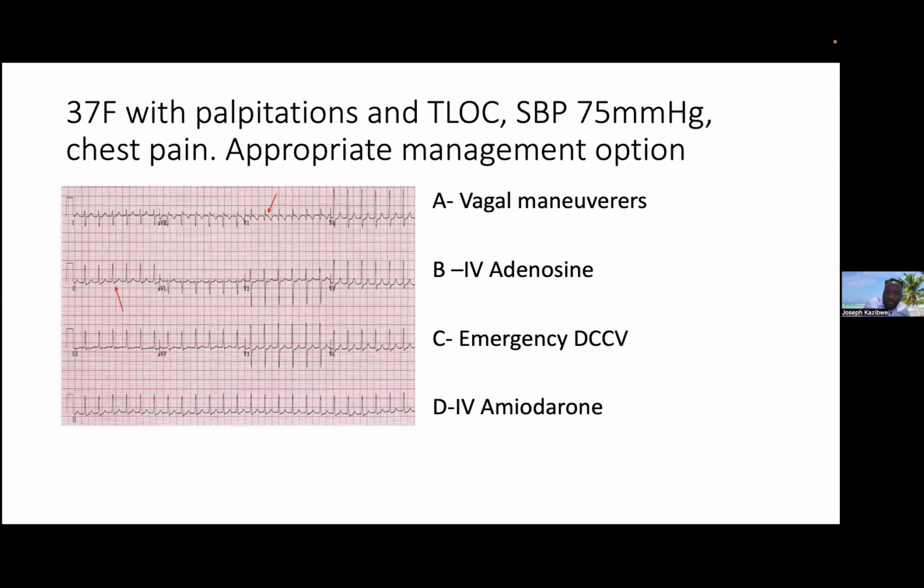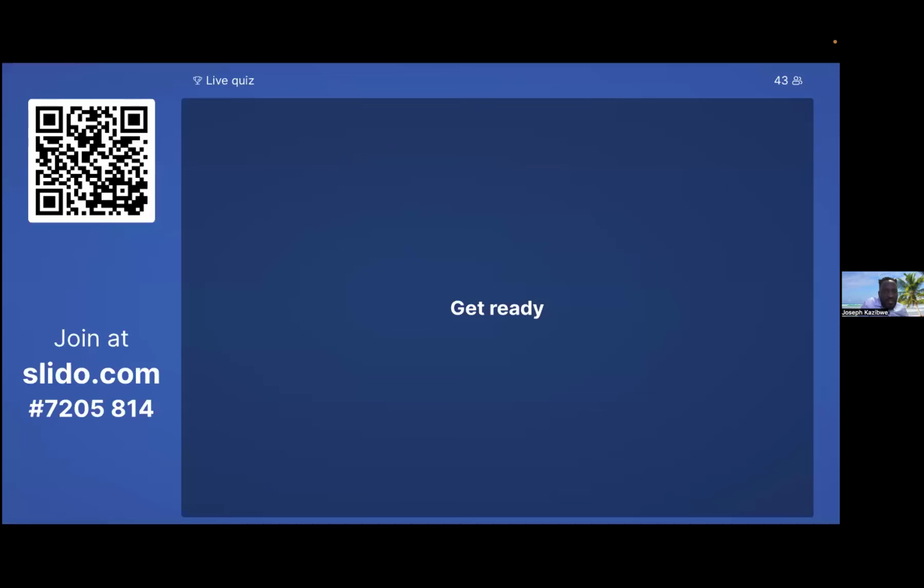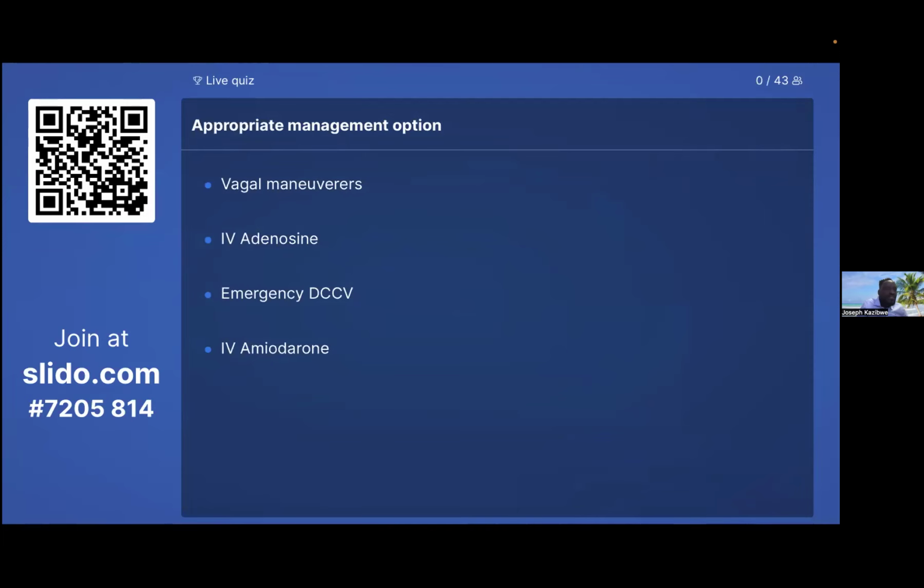Again, we go to Slido. I'll give it 30 seconds again if we can join, or we already joined. I suppose we already joined. For those who have not joined, we'll give you another 10 seconds. So we've seen a narrow complex tachycardia. We know that it is most likely to be an AVNRT. We've looked at the mechanisms.